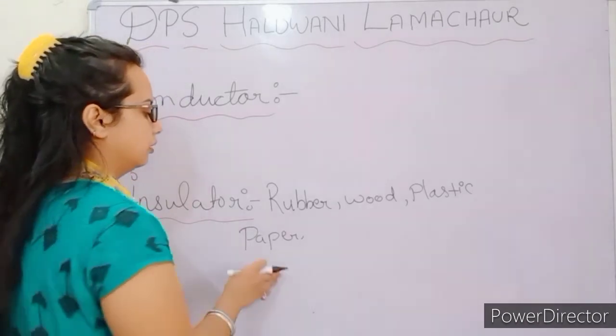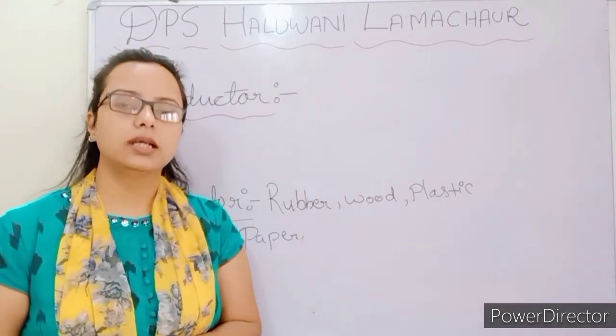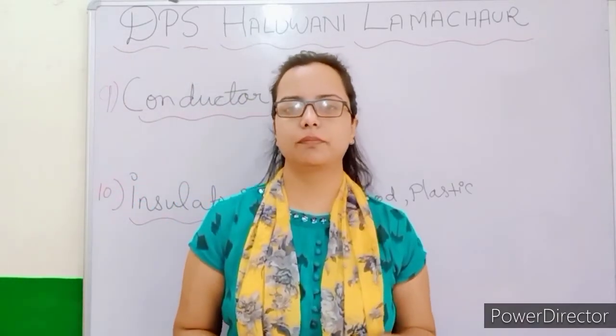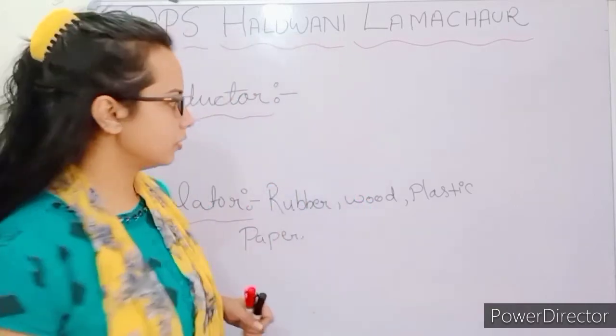These are examples of things that do not allow the current to pass through them.